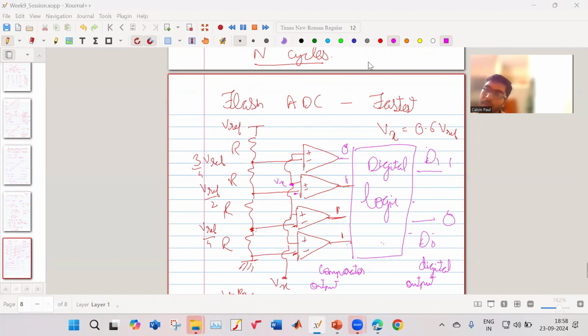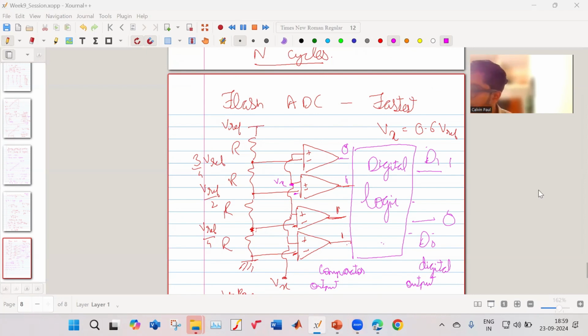Okay. So can you tell me how many cycles are required for this? How many times do I need to compare? First question is how many comparators are required? How many comparators are there in this circuit? 4.